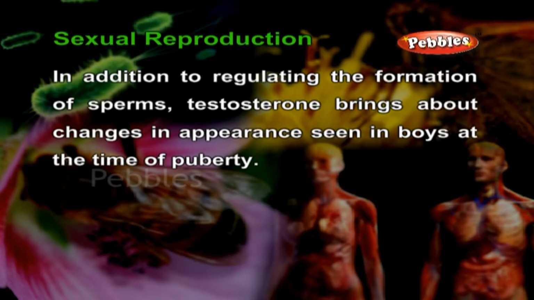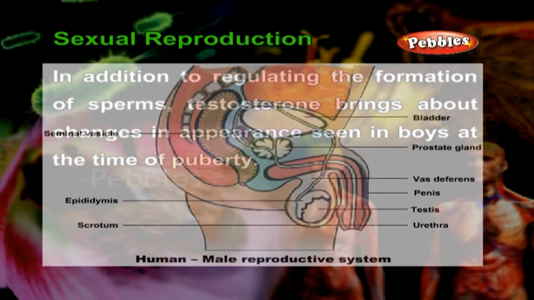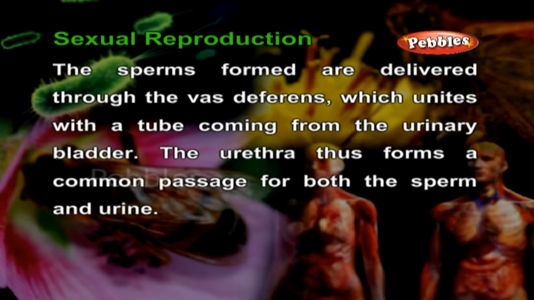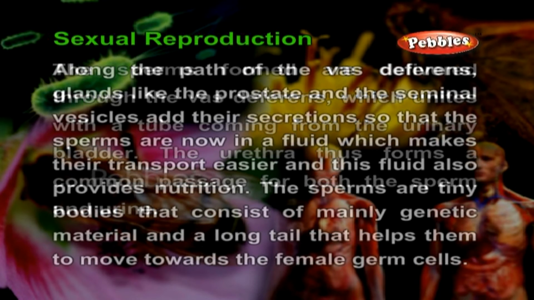In addition to regulating the formation of sperms, testosterone brings about changes in appearance seen in boys at the time of puberty. The sperms formed are delivered through the vas deferens, which unites with the tube coming from the urinary bladder. The urethra thus forms a common passage for both the sperm and urine.